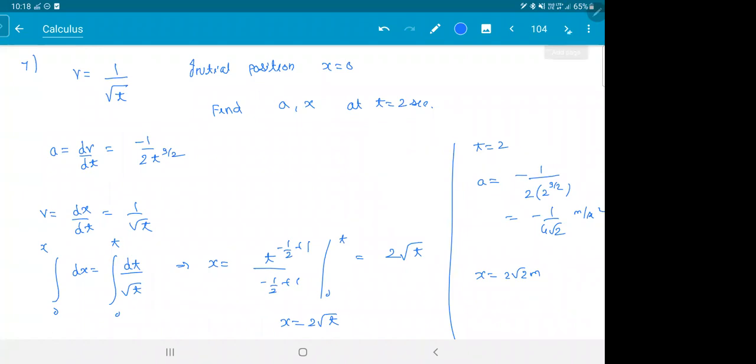Clear? Next one. Same question, slight difference. v is 1 by root x.